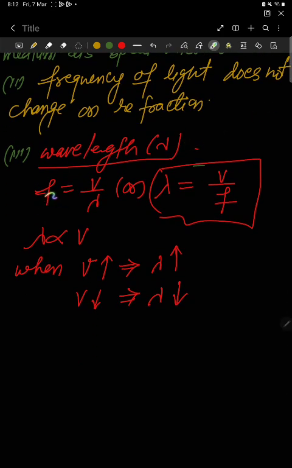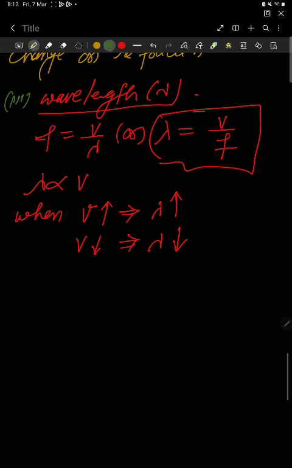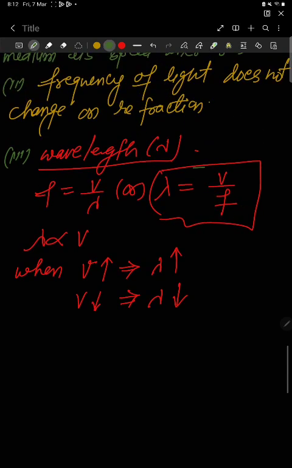Wavelength. So as we know that frequency is equal to v by lambda. Lambda is called wavelength, and v is velocity of light. So through this expression we can write lambda is equal to v by f. So here we have seen that whenever light ray passes from one medium to another, this f is not going to change.